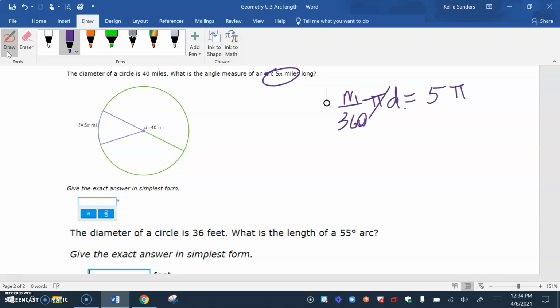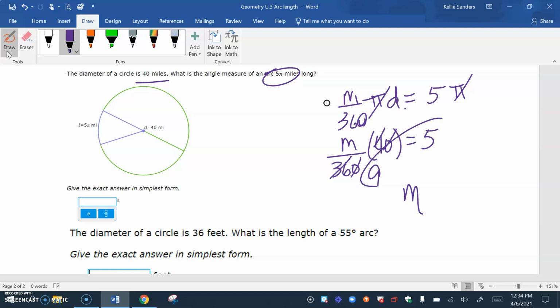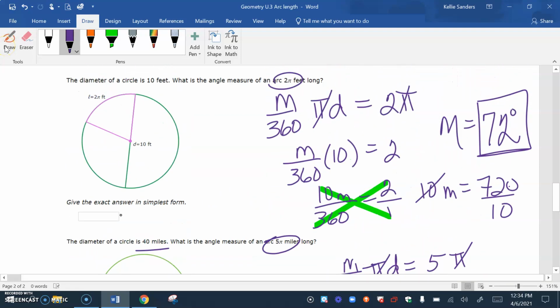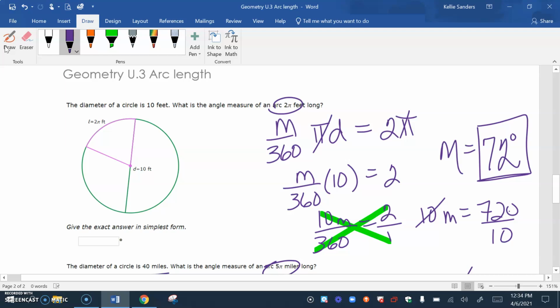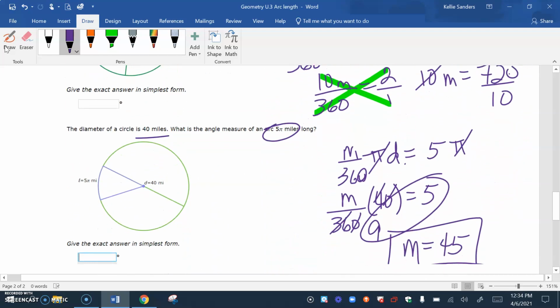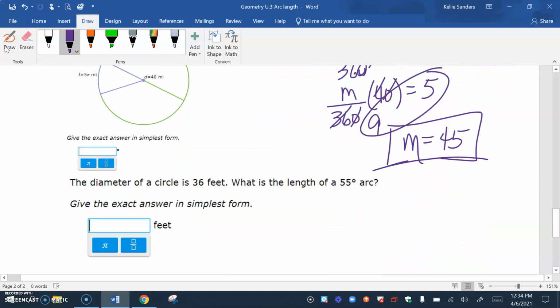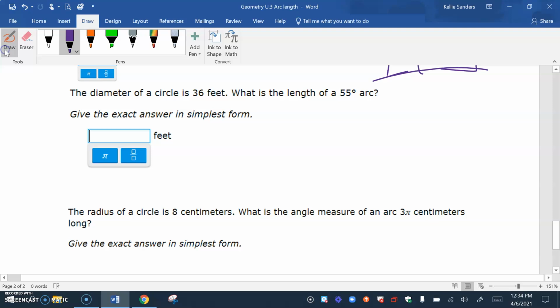Again, if pi is on this side and pi is on that side, that's going to cancel out. The diameter is 40, so m over 360 times 40 equals 5. Those will cancel out. 4 over 36 is 9. So if I multiply these, that would be 45. Now that I'm thinking about it, I got to go back up here. Yeah, diameter. Okay. For some reason, I was thinking that said radius on that last one.